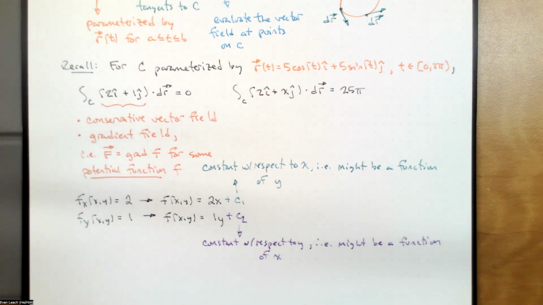So these two things together, it looks like our potential function f should just look like 2x plus 1y plus some other constant.